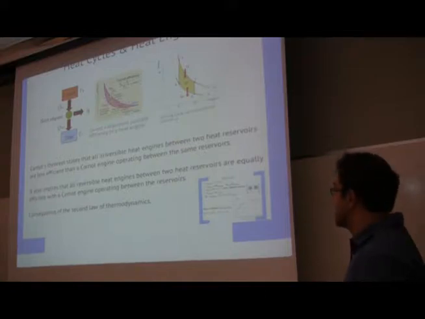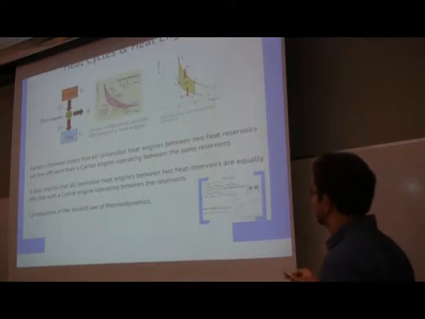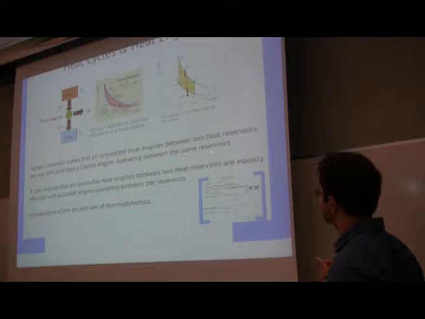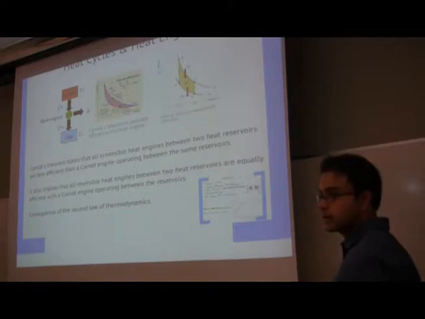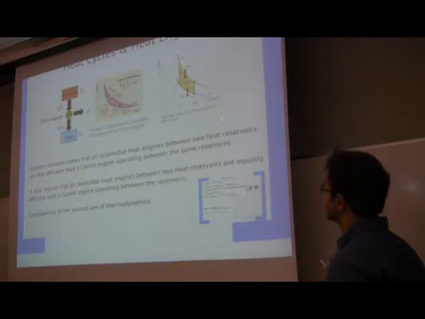So it's theoretical. It says that all irreversible heat engines between two heat reservoirs are less efficient than a Carnot engine operating between the same reservoirs. It also implies that all reversible heat engines between two heat reservoirs are equally efficient with the Carnot engine operating between the same reservoirs, theoretically, including the Stirling engine. But in practice, you can have, of course, very different performances here.